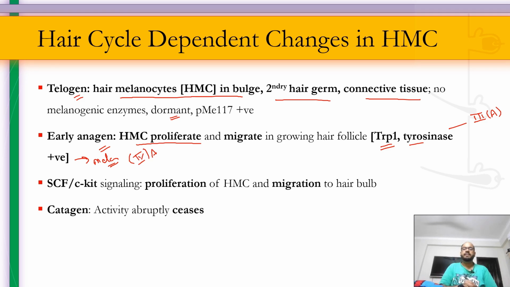SCF or c-KIT signaling is required for proliferation of hair melanocytes and migration to the hair bulb. Remember, c-KIT is responsible for migration of cells, so this signaling is required for migration of hair melanocytes to the growing hair bulb. In the catagen phase, all these activities are abruptly stopped. Let's move forward.